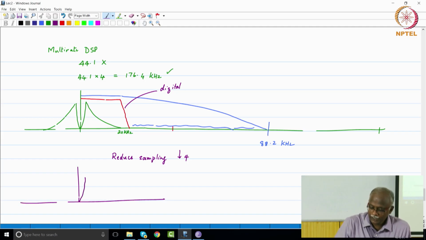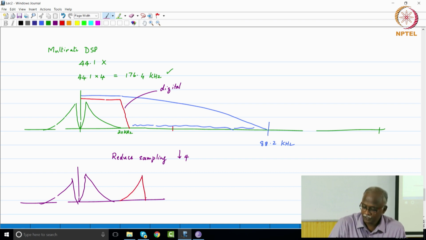And what will you get as your resultant signal? You will get the spectrum, and you will get the sampling at 44.1. So, the first image will be just slightly away from here, centered at 44.1 kilohertz. Instead of one analog filter, you had an analog filter plus a digital filter.